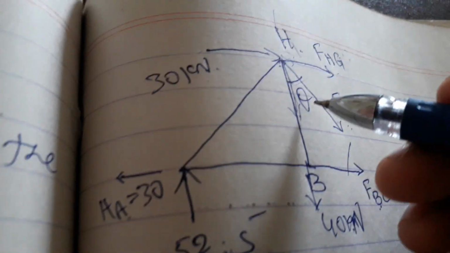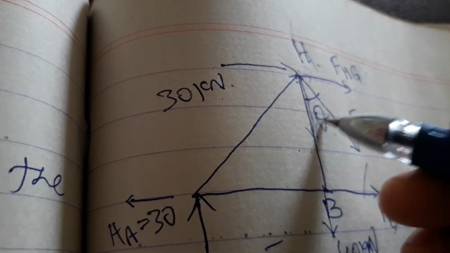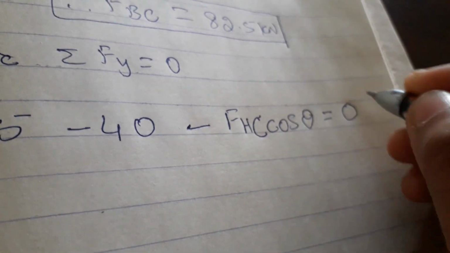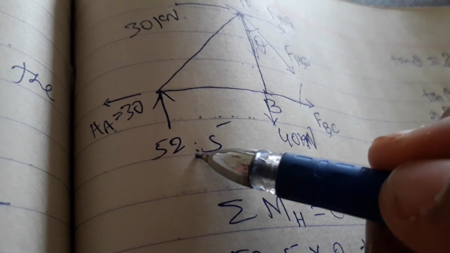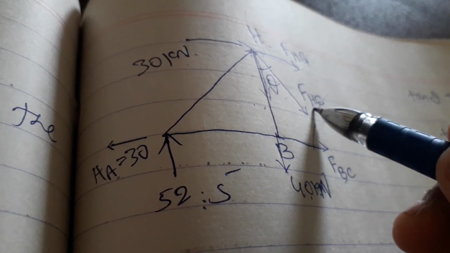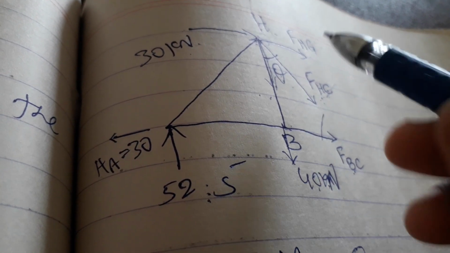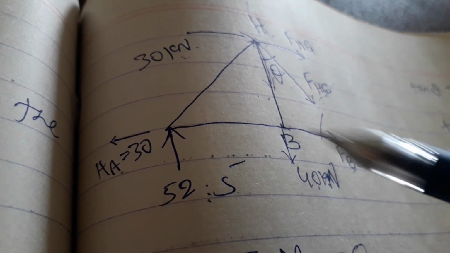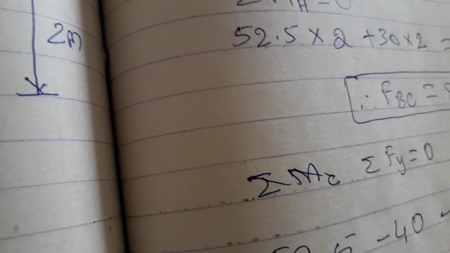Now for this theta, Y is adjacent, so you will get cos theta. FHC cos theta is equal to 0. So you can see here 52.5, 40, and the vertical component of this one, because FHG, 30, and FBC are in horizontal direction. So from this we can get FHC.